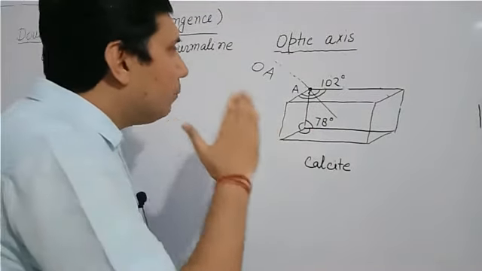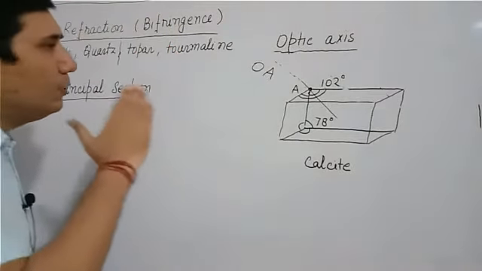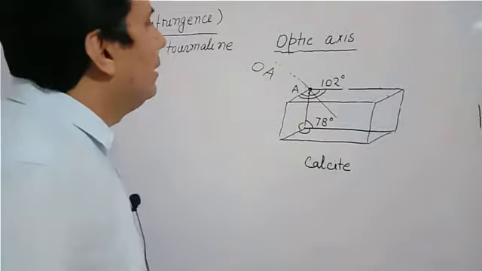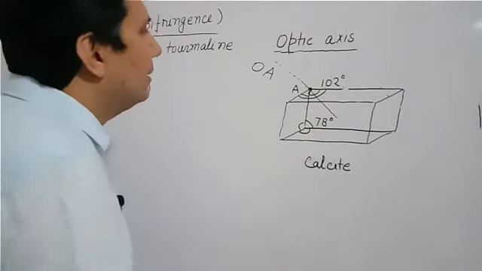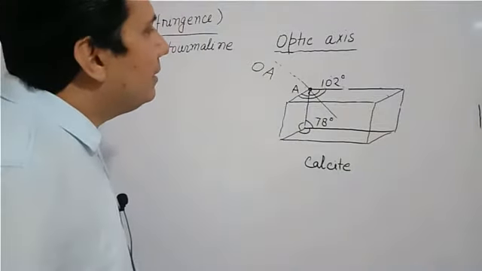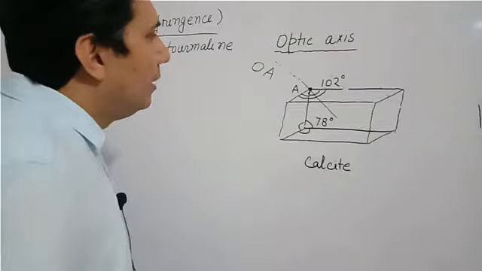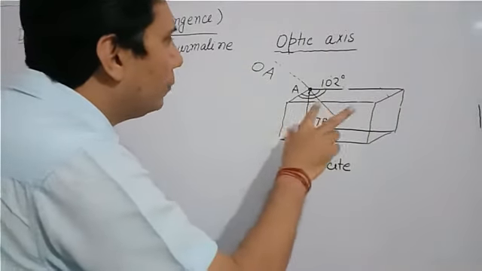Then at that position, this position of this imaginary plane is known as the principal section of this doubly refracting crystal, because this crystal has three set of opposite faces.